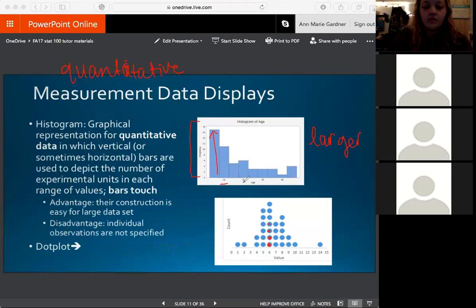It's showing you the frequency of each quantitative variable on your x-axis, and then you're able to compare the heights to see the difference between them. So those are quantitative data displays.